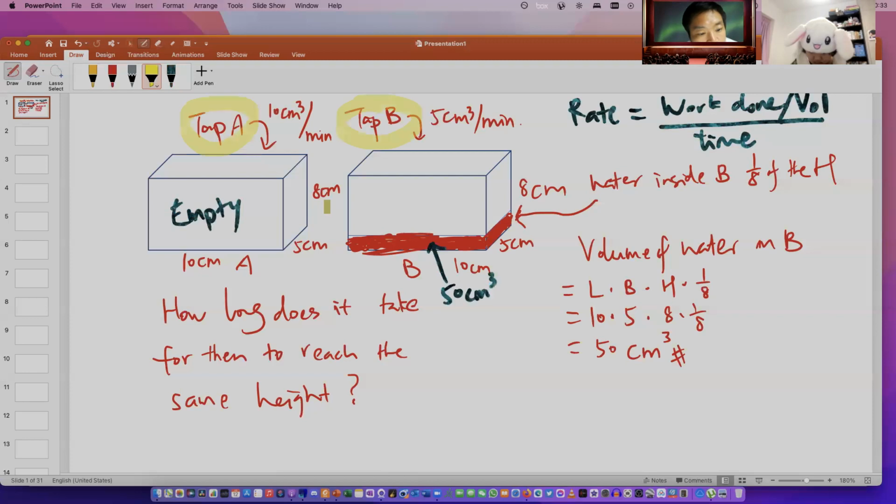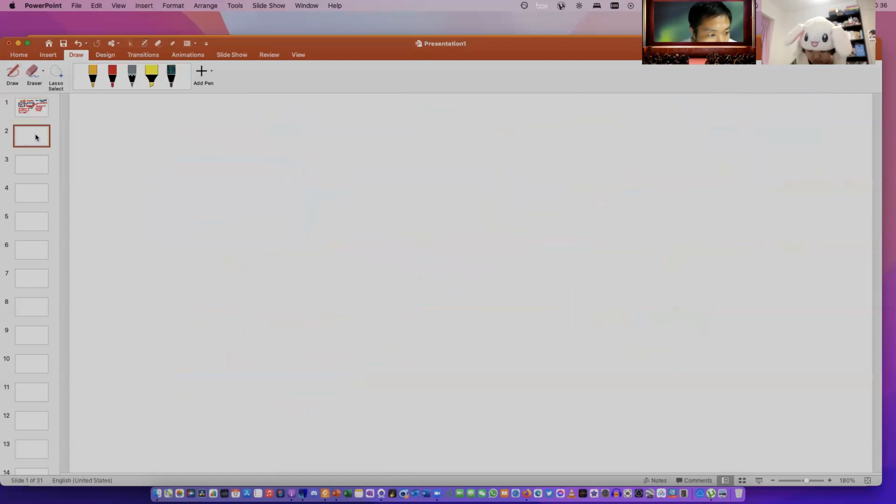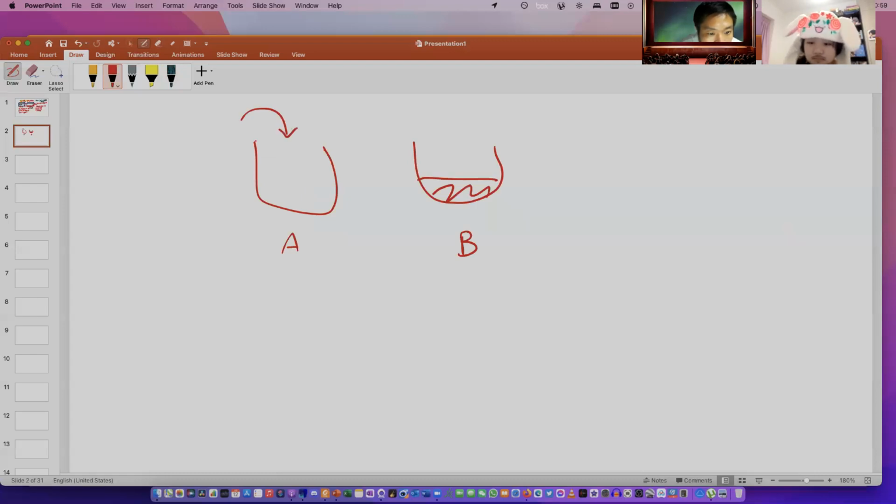So what you will see is, let's say you have A, which is empty, and then you have B, which is not empty. Let me try to draw a similar one. Basically you are going to pump water in at different rates. And what you will see is the water level rise, until at a point they will reach the same height.